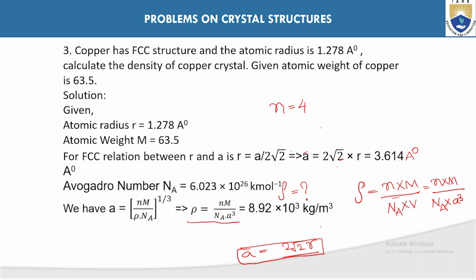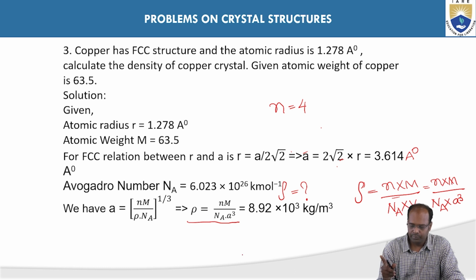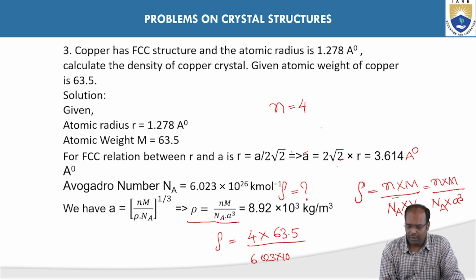So here if we substitute the resultant parameters, what we will get: rho is equal to N. N is equal to how many number of atoms? For face centered cubic, N is equal to 4. 4 into molecular weight, how much? 63.5 divided by Avogadro number 6.023 into 10 to the power of 26 per kilomole, and a is equal to 3.614 angstroms whole power of cube.